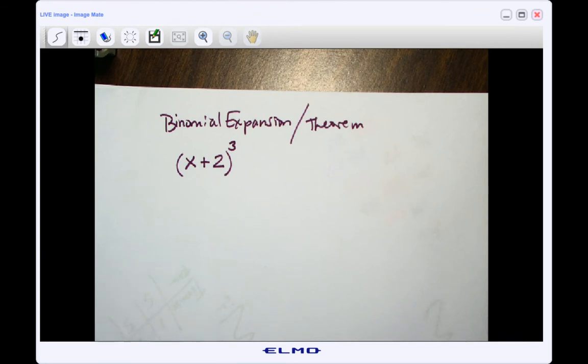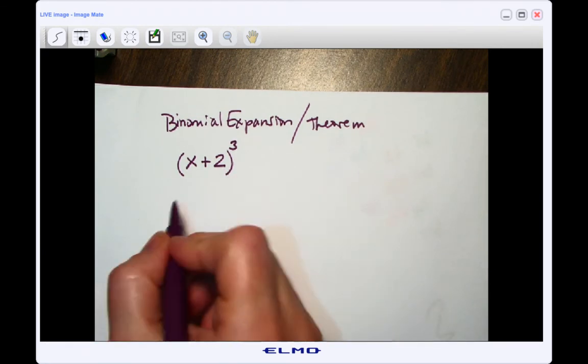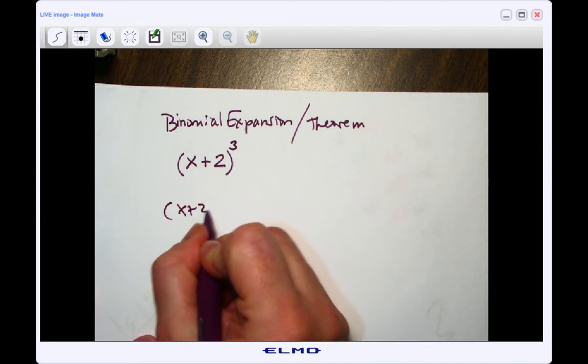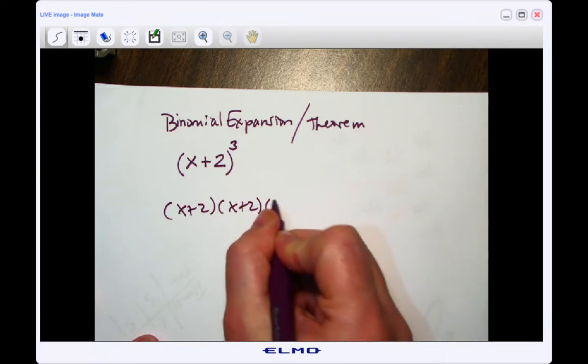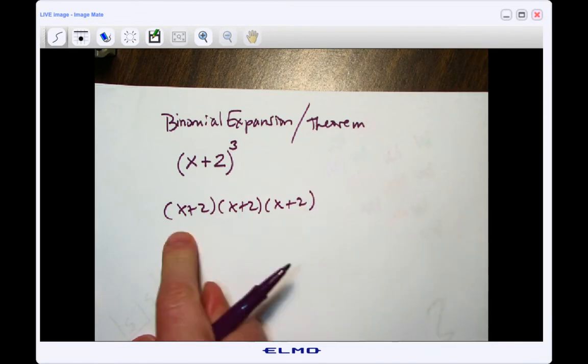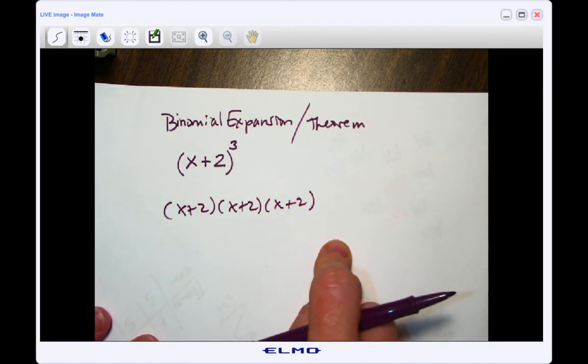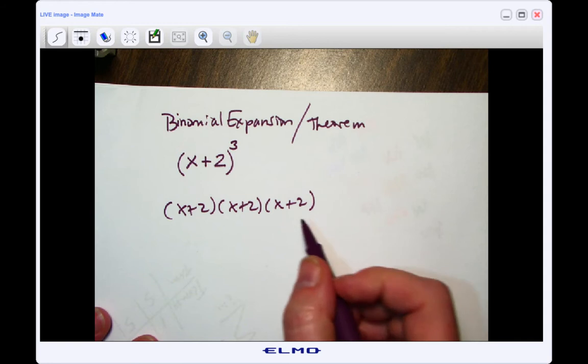Now, one way that I could do this is to actually multiply them together. So you'd have to write them out, unless you can keep track of that in your head, but that's kind of crazy.